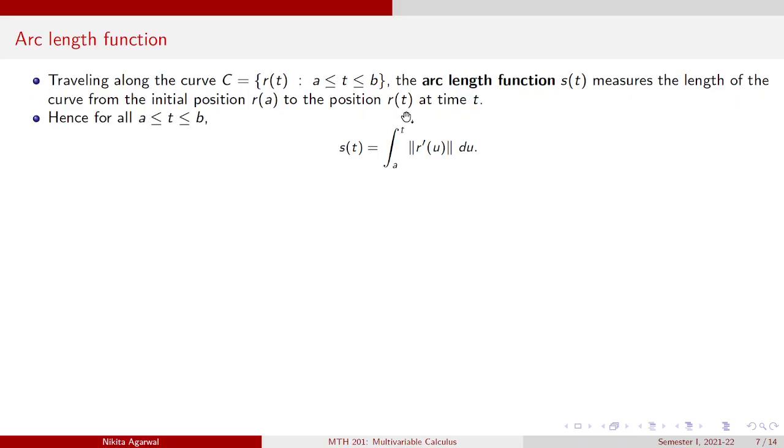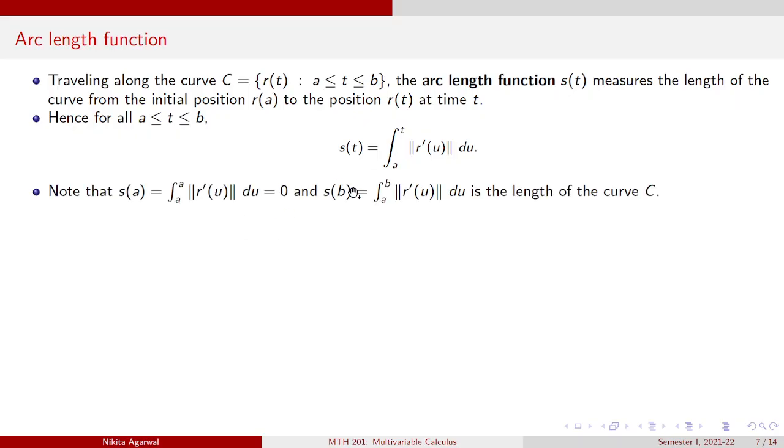So for any t from a to b, s(t), the arc length function, is the integral of the norm of r'(u) du from a to t. Remember, when t is equal to b, it is nothing but the arc length of C. So we are traveling, and at each point we are looking at what the length is.